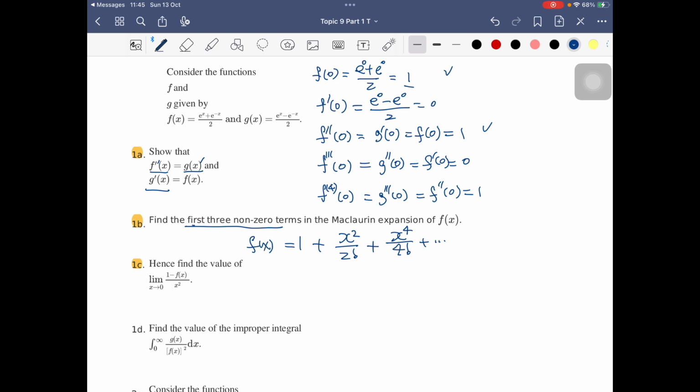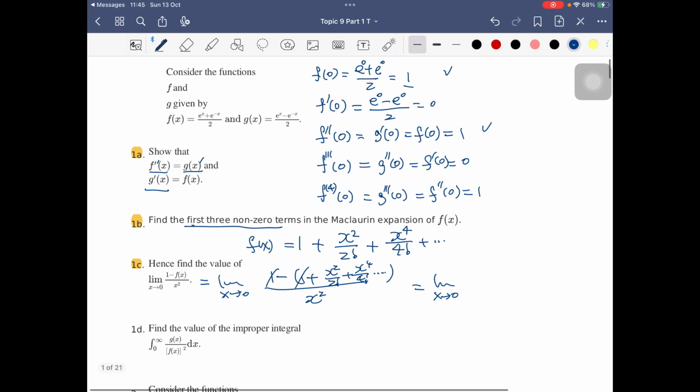We use this to find the limit of part c: the limit as x goes to 0 of (1 minus (1 plus x squared over 2 factorial plus x to the power of 4 over 4 factorial)) over x squared. Here the 1 is eliminated, so we no longer have the constant term.